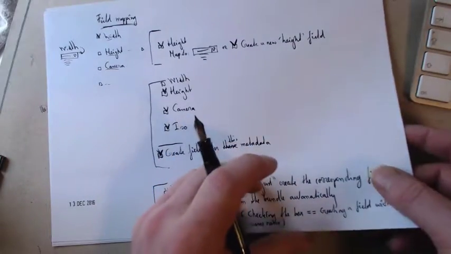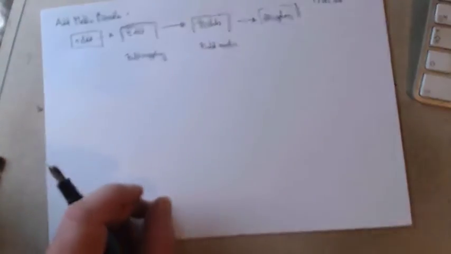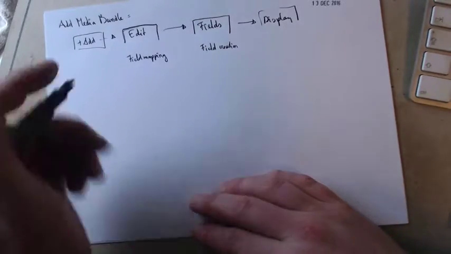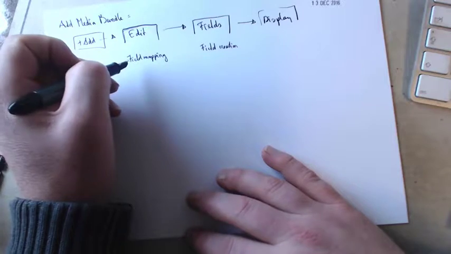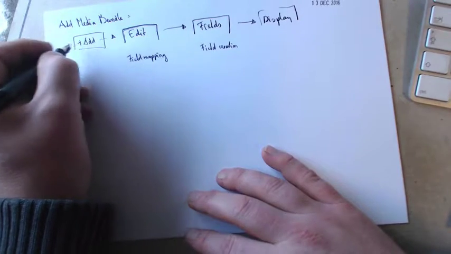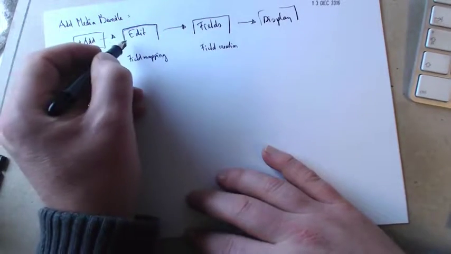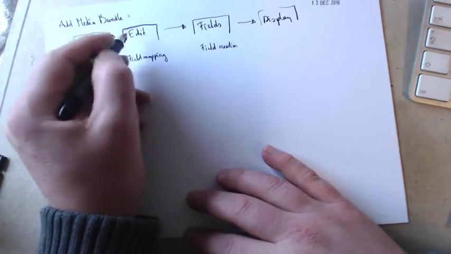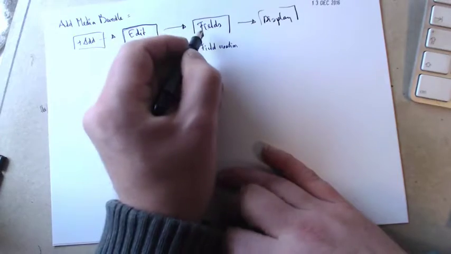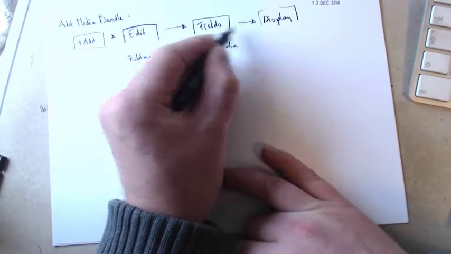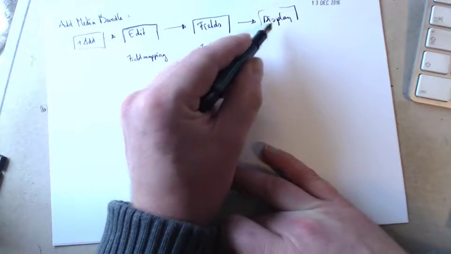But then, when you add a new media bundle, let's look at the workflow. I click that button, add media bundle. I arrive at what will be the edit tab, and that's where the field mapping happens. And then I get to the fields and eventually display tab.